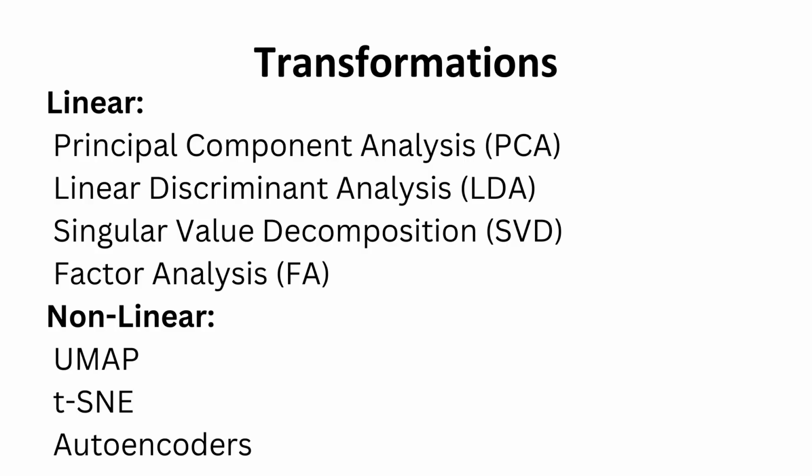These are the main methods. As for the linear ones, we have principal component analysis, linear discriminant analysis, singular value decomposition, and factor analysis. As for the non-linear main methods, we have uniform manifold approximation and projection, t-distributed stochastic neighbor embedding, and autoencoders.